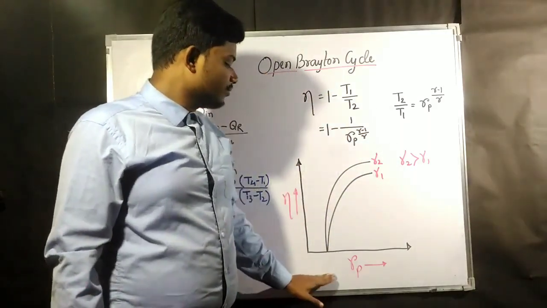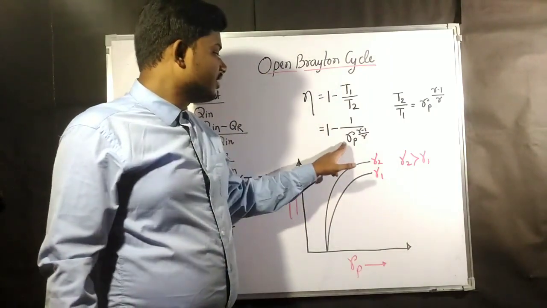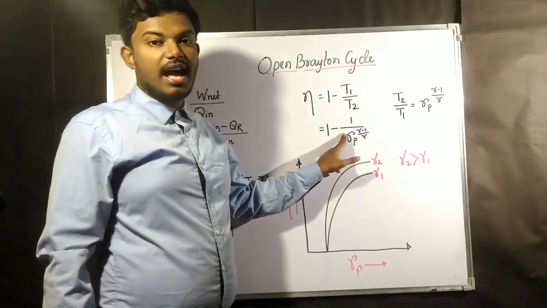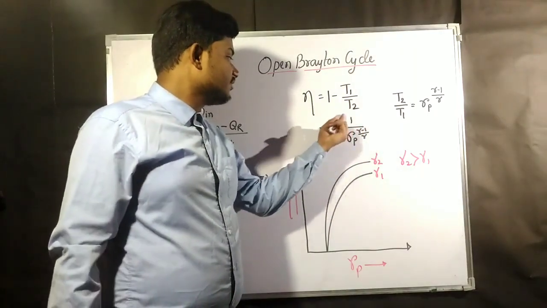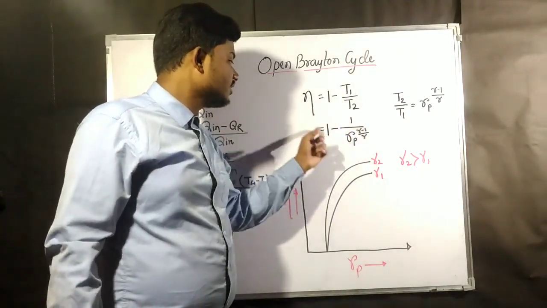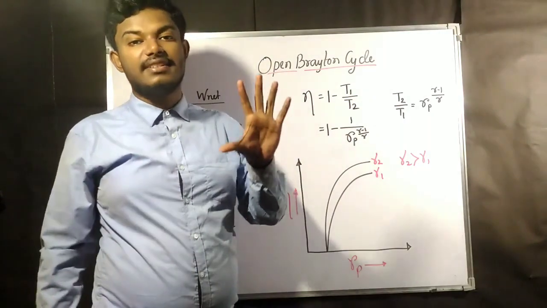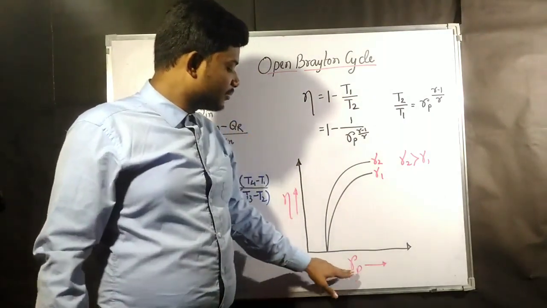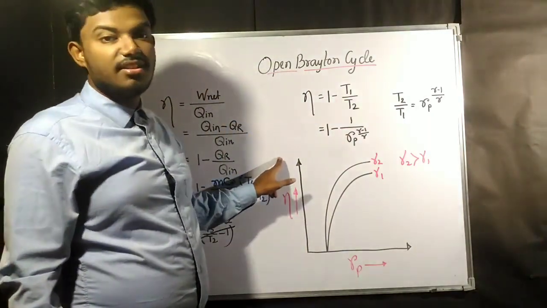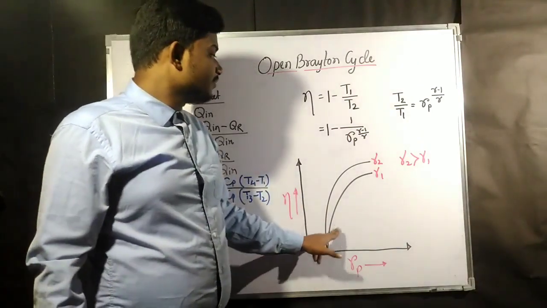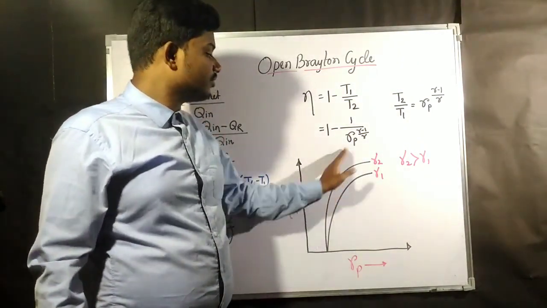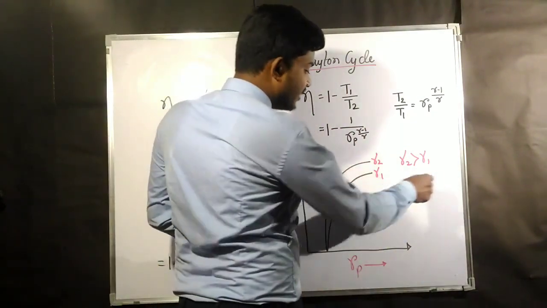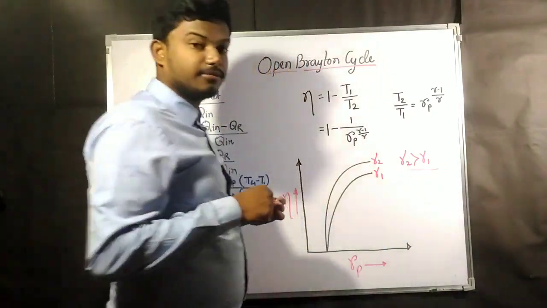Now this is the way the efficiency is going to vary. If you see, if Rp is going to increase, this value is going to decrease. If this value decreases, then the whole value is going to increase. That means if Rp is increasing, then efficiency will also increase. Now if the gamma value is going to increase, here we have written that gamma 2 is greater than gamma 1.